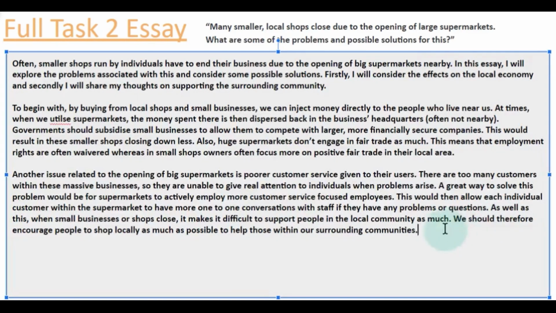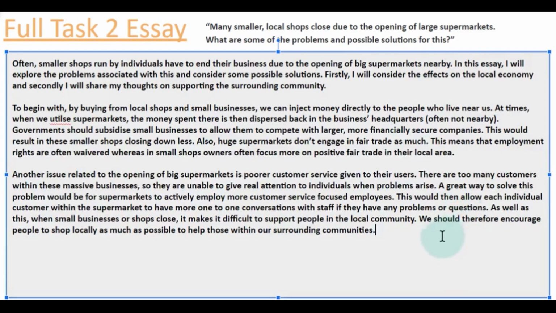That's just a nice short sentence, the solution I've offered. So this last problem here, as well as this, when small businesses or shops close, it makes it difficult to support people in the local community as much. Don't like the sound of that at the end. I'm going to get rid of that. Community. We should therefore encourage people to shop locally as much as possible to help those within our surrounding communities.